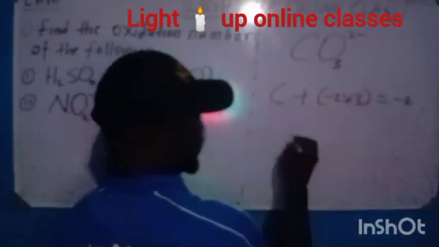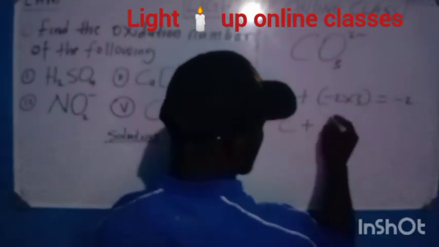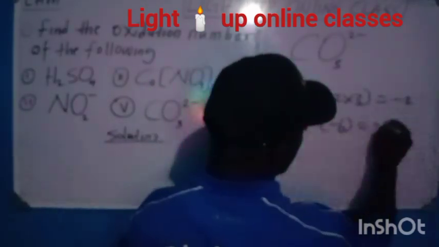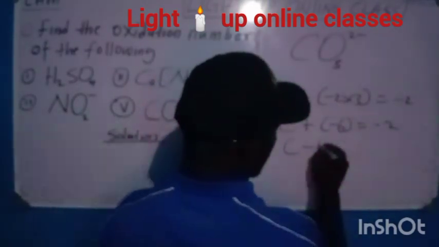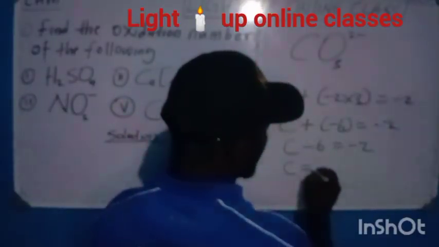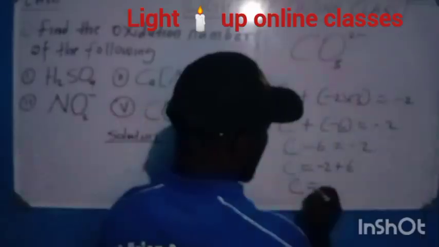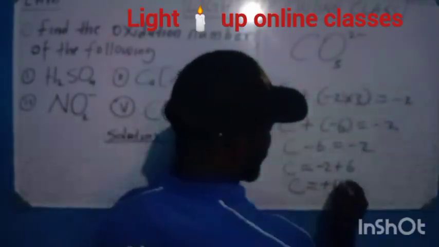If you expand this, you have carbon plus -6 equals -2. Taking it to the other side, carbon will be equal to -2 plus 6, and this shows that carbon is equal to +4.